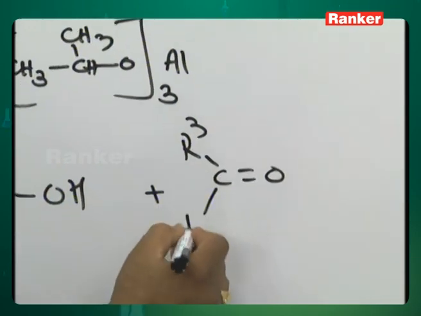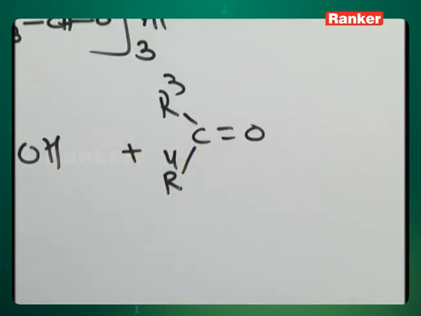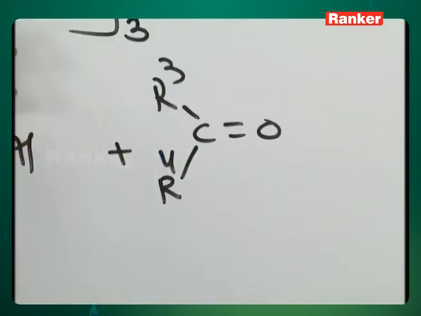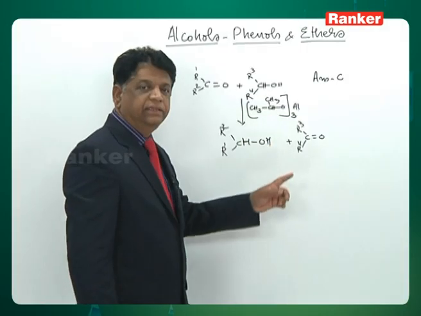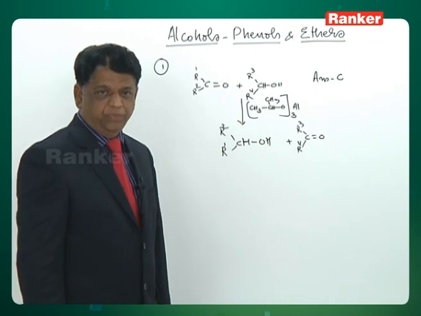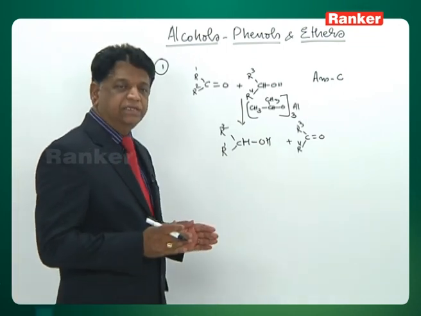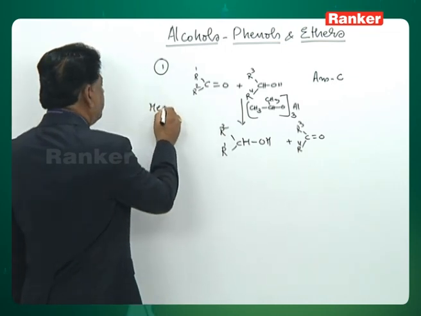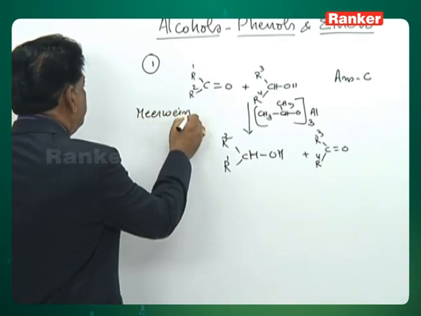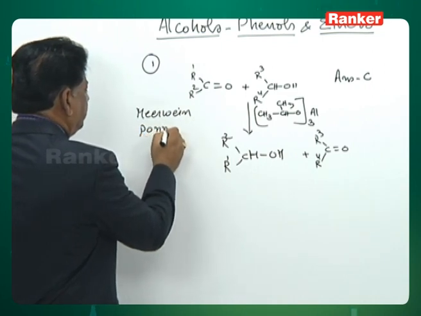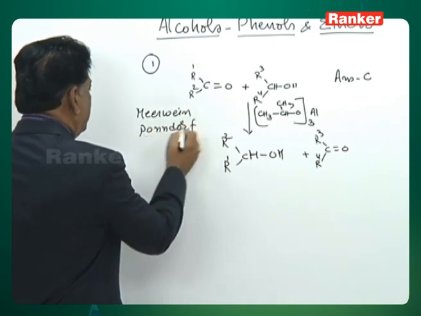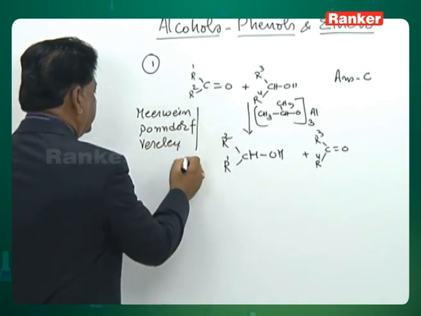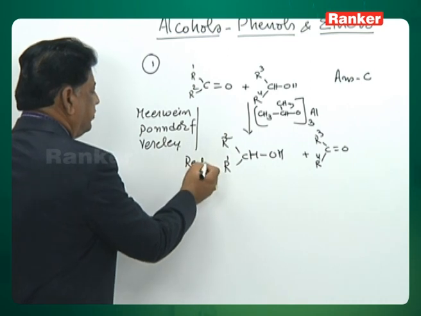In fact, if you are really interested in the ketone preparation, if I start from alcohol to ketone, this is called Oppenauer oxidation. So MPV reduction stands for what? Meerwein-Ponndorf-Verley reduction. It's a reduction reaction.